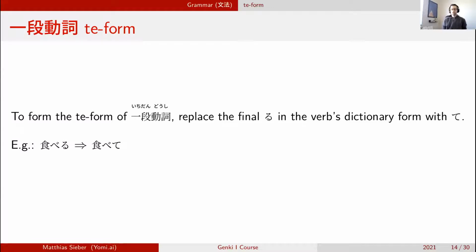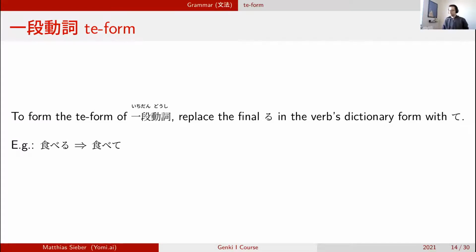Another way to think of this is you have the stem of the verb, for example, the mas stem. You have taberu, tabemas, tabeta, and oh, sorry, didn't cover tabeta yet. But you have just the one stem. The stem for taberu is tabe, and then you just attach te on it as well.